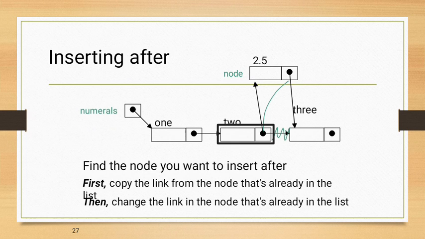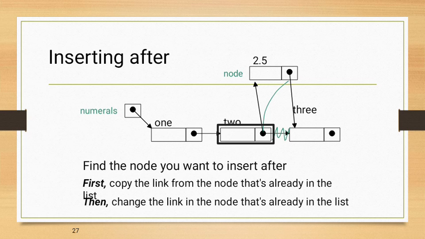So look, this is what we mean by insertion after. We have 1 and we have 2. Now we have 1, 2, and 3. Look at the blue squiggly line there.